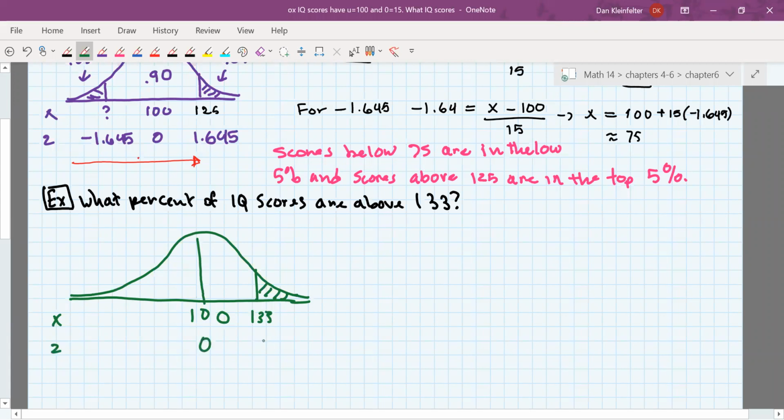For z's, the mean will be 100, and we need to calculate what the z for 133 is. Z is x minus mu over sigma. That will be 133 minus 100 over 15. And that's 2.2.